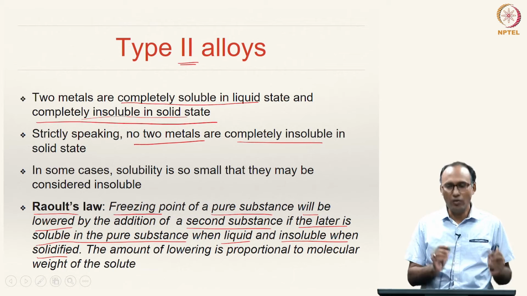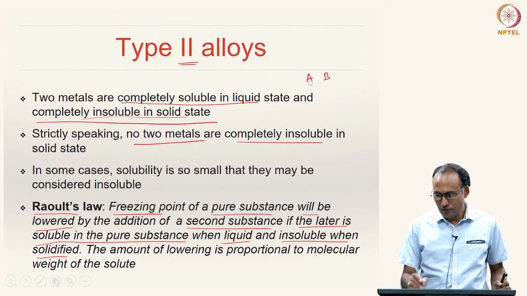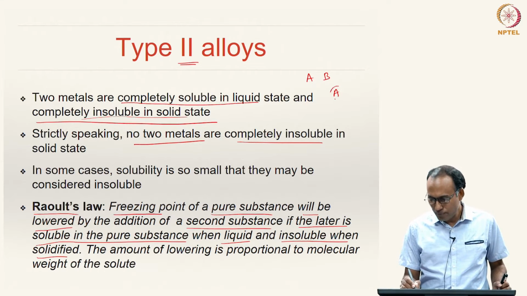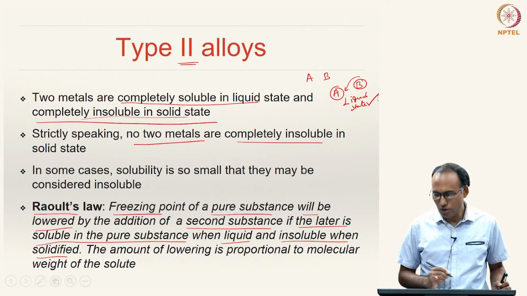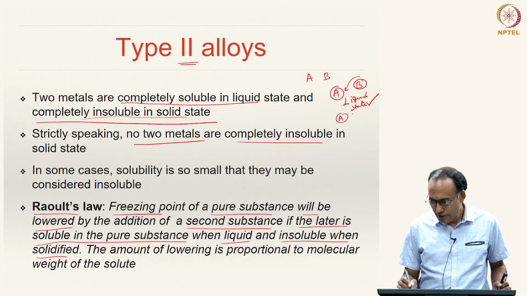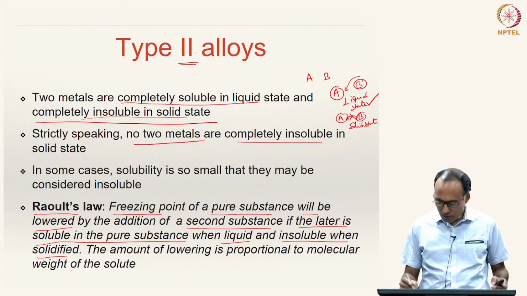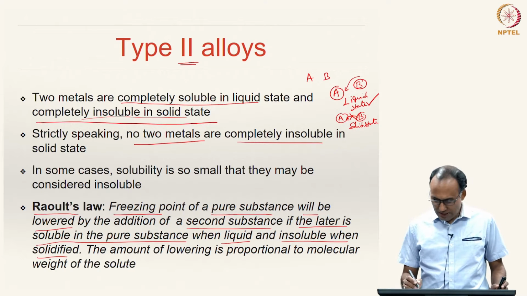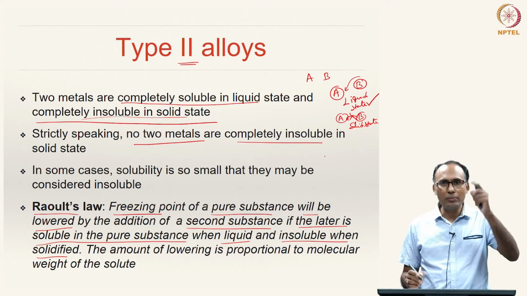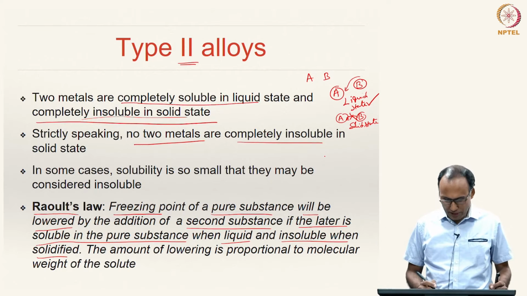That means, if you have two materials A and B, and you are adding B to A in the liquid state, they are soluble, but B cannot join A in the solid state. If you have a system like that, Raoult's law says that the melting point of A will be lowered when you add B to it.